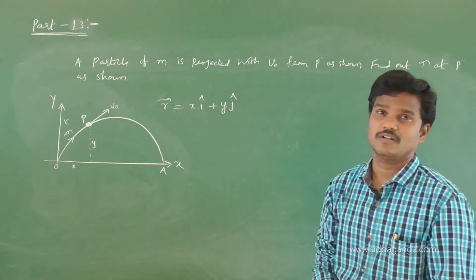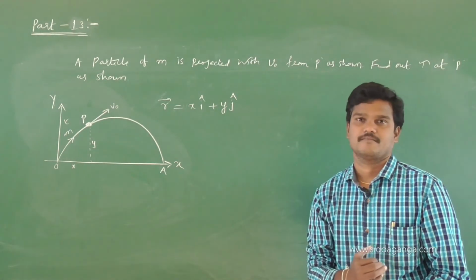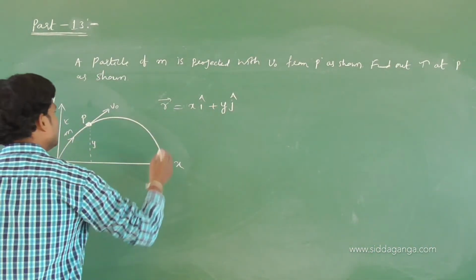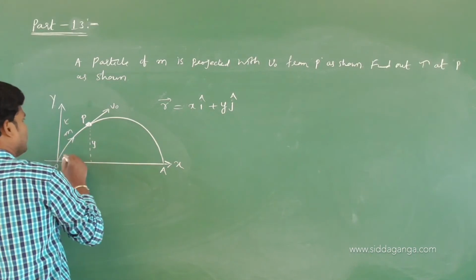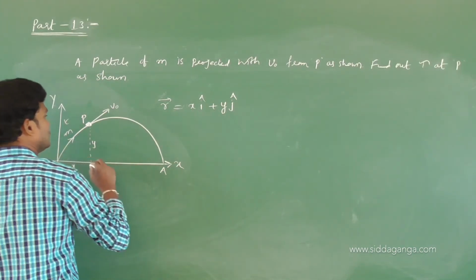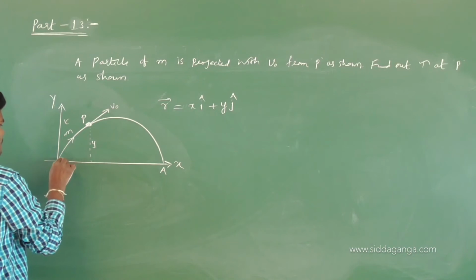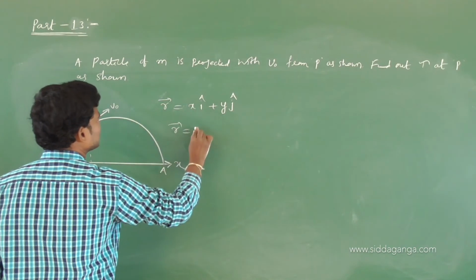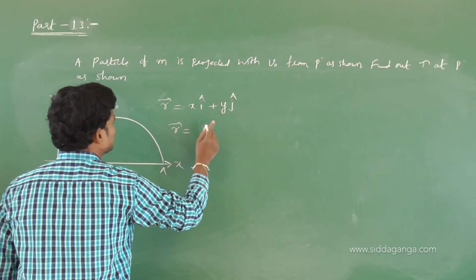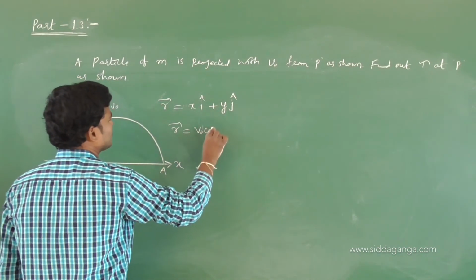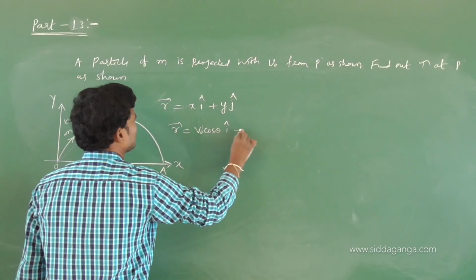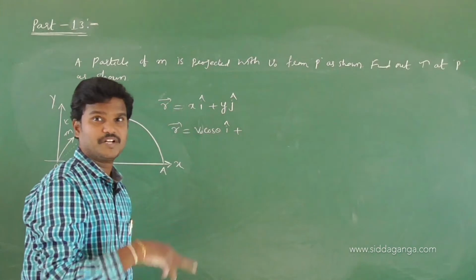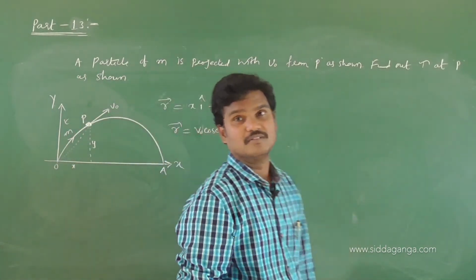Just recall kinematics. So this x component, this is the R. So R bar we can write as x, which is u cos theta i cap, nothing but v naught cos theta i cap. Y is nothing but ut minus half g t square. Recall projectile motion.